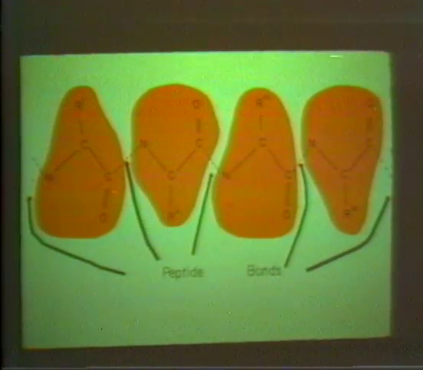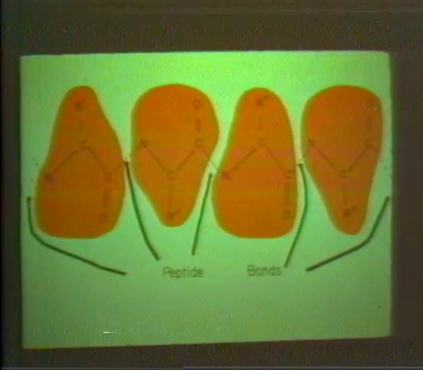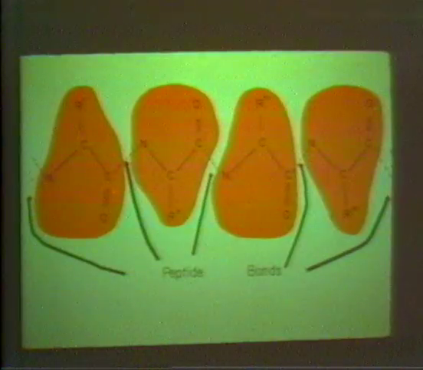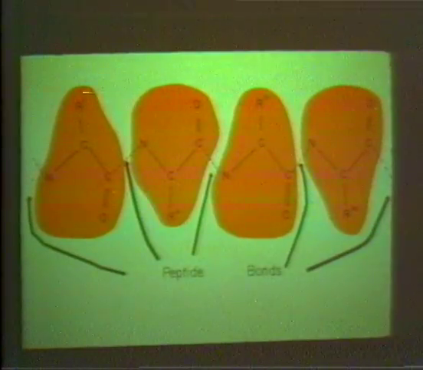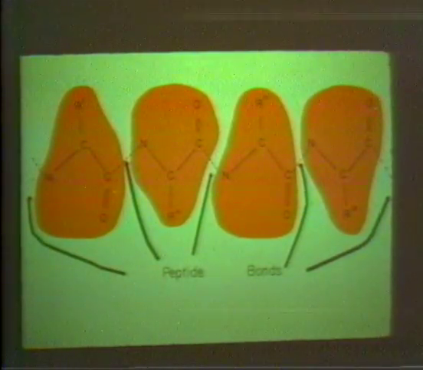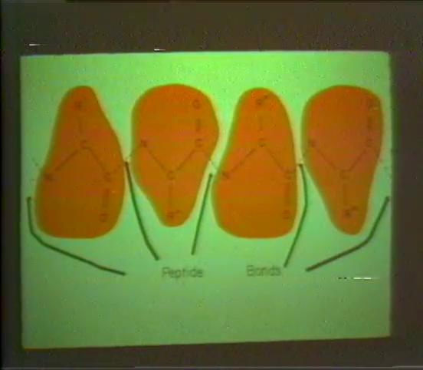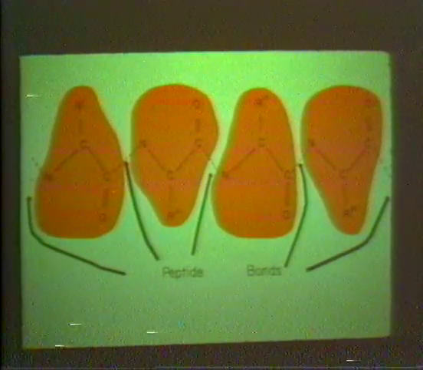Now, you can also notice on this slide a series of side chains designated by R and R prime and R double prime and triple prime and so forth. These are not involved in the peptide bond, but instead they are sticking away from the molecule.